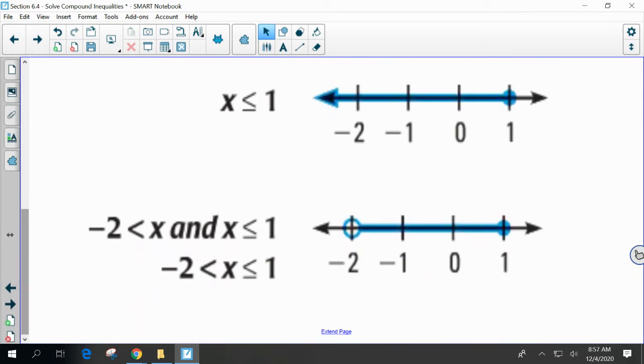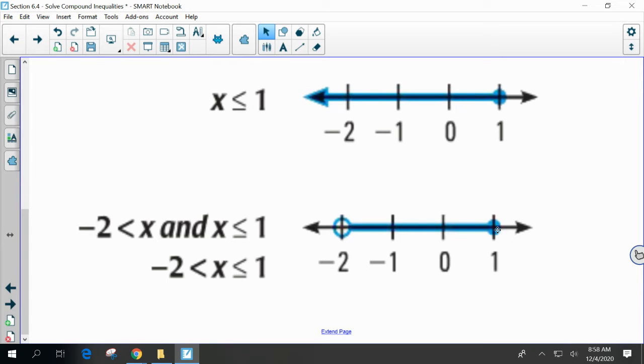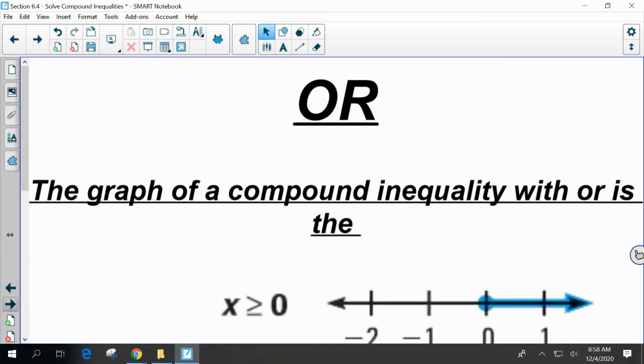If you put those together, those arrows would overlap each other because one goes left, one goes right, and you would create a solid line in the middle. So that's where we get the "and" from. x is greater than -2 and x has to be less than or equal to 1. The only numbers that would fit in this solution would be these numbers on that blue line. So we're going to practice graphing those.